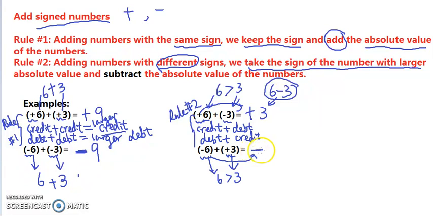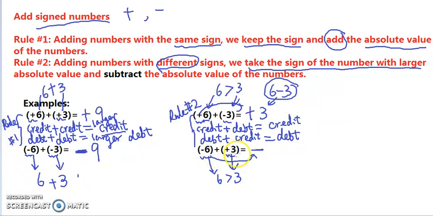So that's why we are gonna still be in debt, negative. But in the previous case, because you have more credit than debt, you're still gonna have some credit after you pay your debt. You still have some credit left.